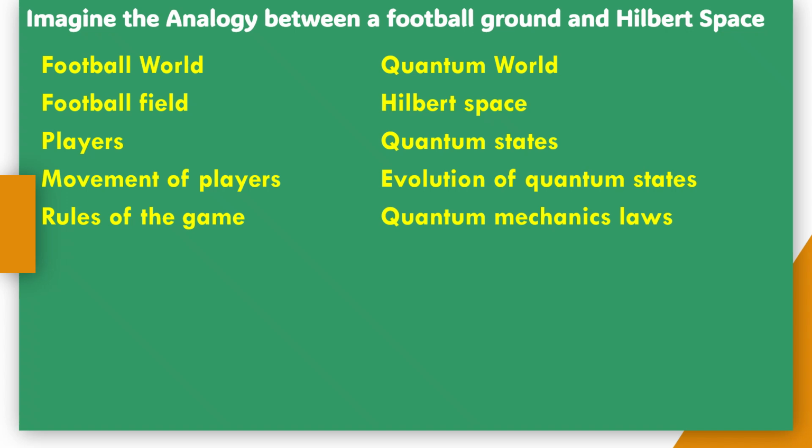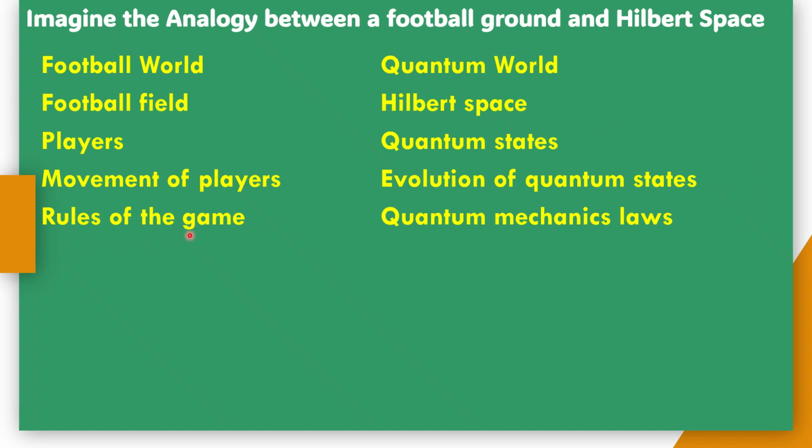The football field is similar to the Hilbert space. The players are related to the quantum states, just as players play in the football field, and quantum states are available in the Hilbert space. Players can move only inside the ground, either left or right. Similarly, evolution of the quantum states is possible only within the Hilbert space.